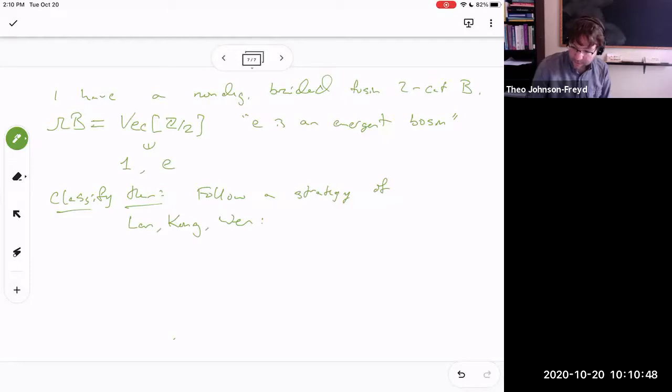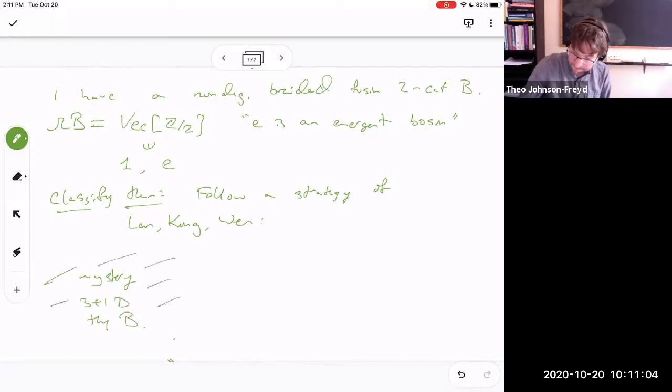They said, let's take whatever our original theory, we have some mystery theory B, plus 1D theory B. But because I know what the particles are, I can build from this what somebody who studied modular tensor categories will recognize as a condensable algebra.